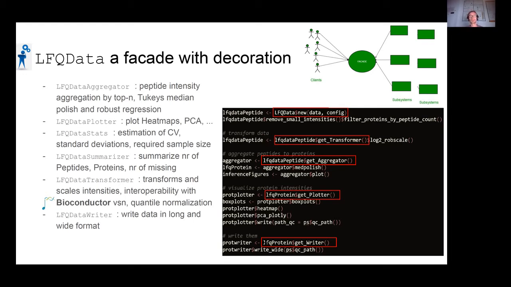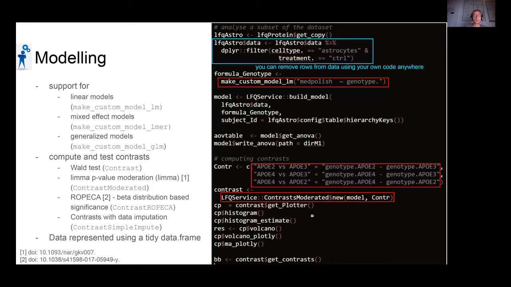For instance, the plotter class has a heat map function. You can use it to plot PCAs. And using this API, you can easily pre-process your data, transform it, aggregate peptides to proteins, but you also can create plots for your reports or write your transformed data to disk.